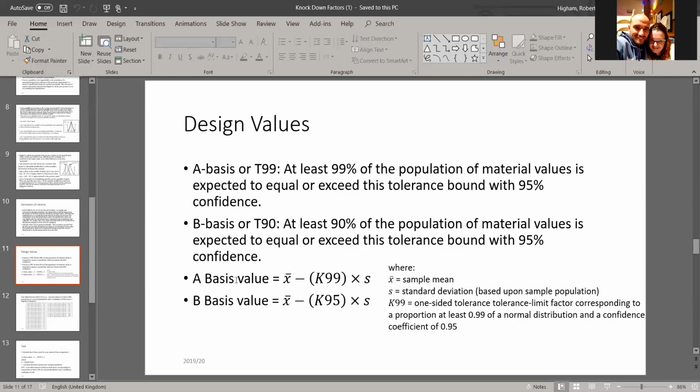So this A-basis value, we take the mean of our data set and we subtract K99, which, this is the official term, is called a one-sided tolerance limit factor. Basically, it's a knockdown based on how many data points you've got, and that's given to us from the MMPDS. It's on the next page. And we multiply that by the standard deviation.